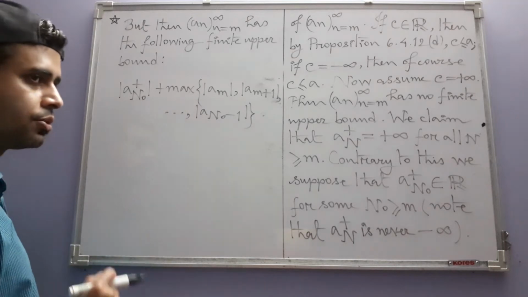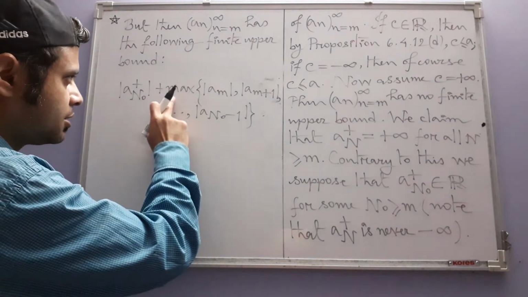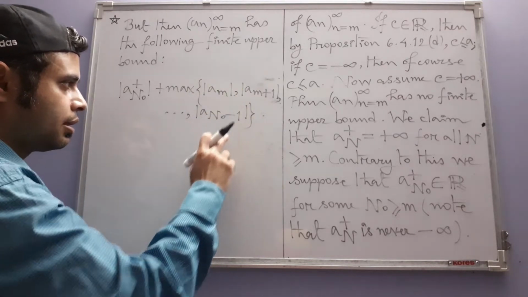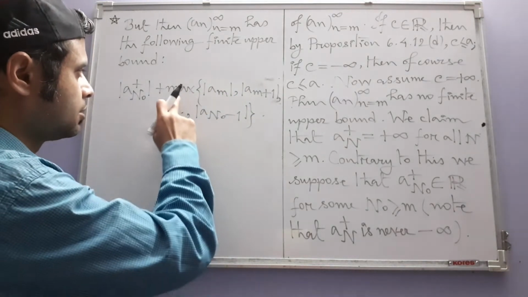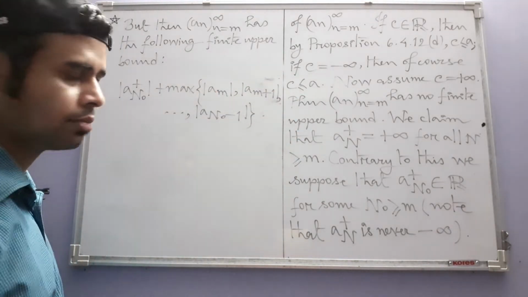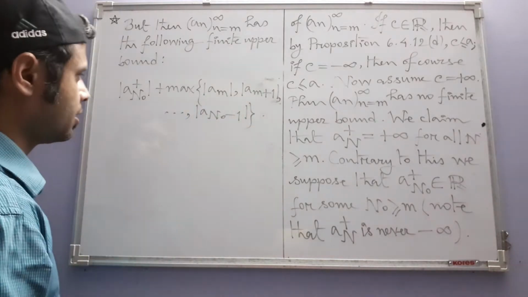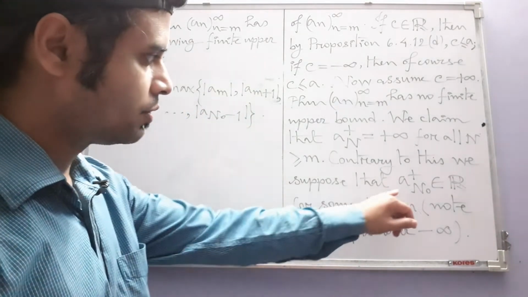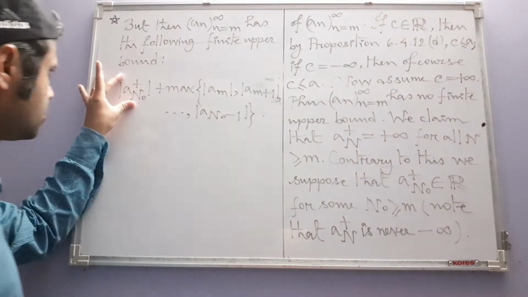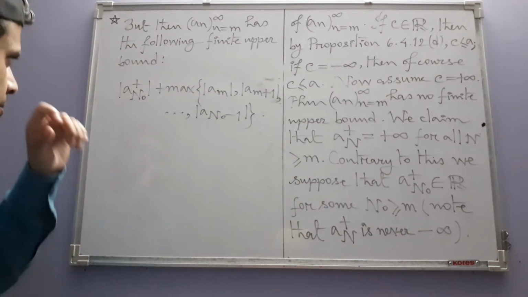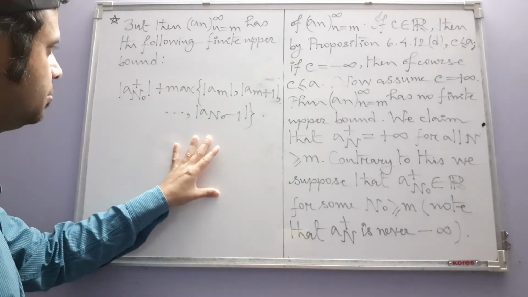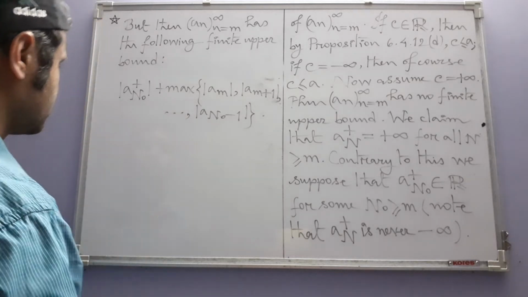It's a sum of two real numbers. One of them is the maximum of these absolute values. Since here all the a_i's are real numbers, this itself is a real number. In fact, it's a non-negative real number because of the presence of absolute values. And because of this condition, a n naught plus being itself real, this is also a non-negative real number. So that means this is a finite number, not an extended real number. How is this an upper bound for the sequence?